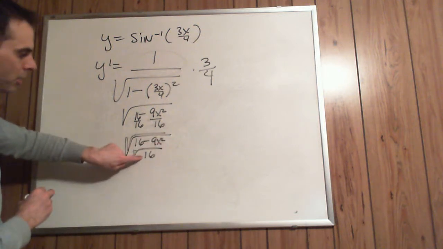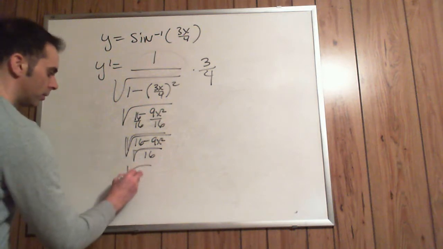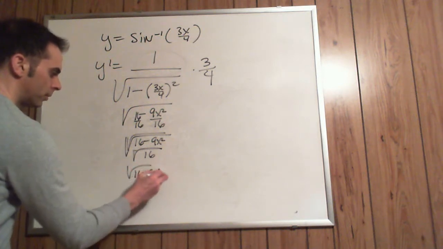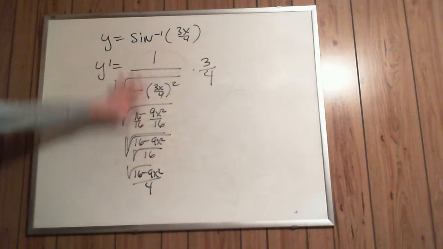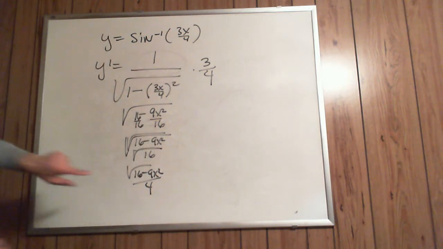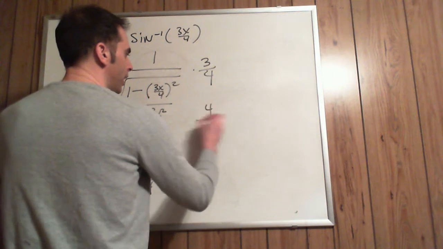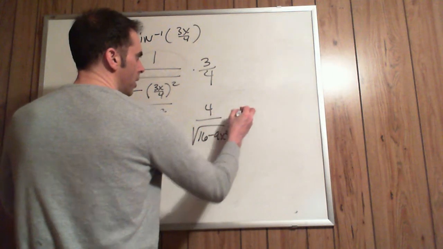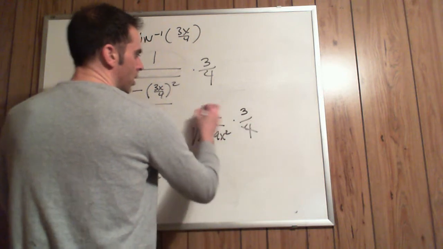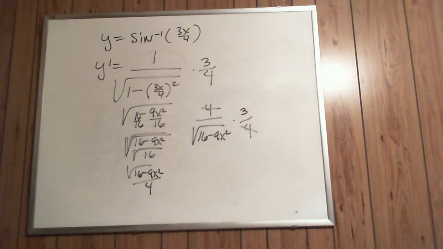And the square root of 16 is 4. But remember, we have to invert and multiply. This is all on the bottom of the fraction. So when you invert and multiply, you get this to become 4 over the square root of 16 minus 9x squared times 3/4. These drop out, and there's my answer.